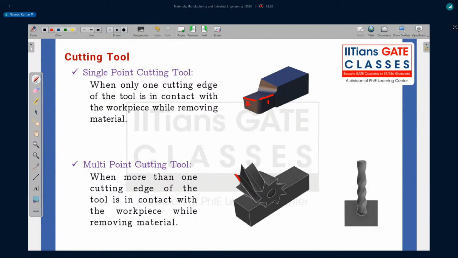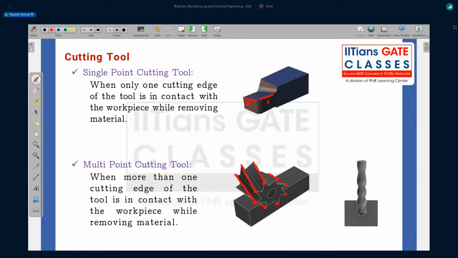This is one cutting edge, this is another cutting edge, this is one, this is another. There are so many cutting edges here. In 2D it is an edge line, in 1D it is a point, so these are all cutting points. These dotted ones are all cutting points, a multi-point cutting tool.